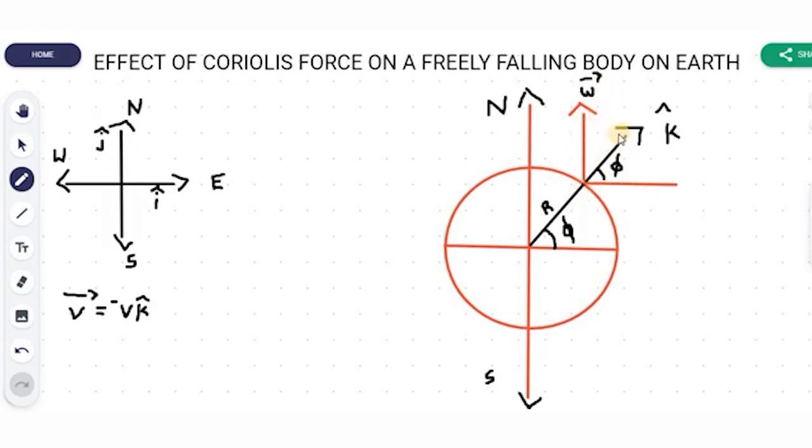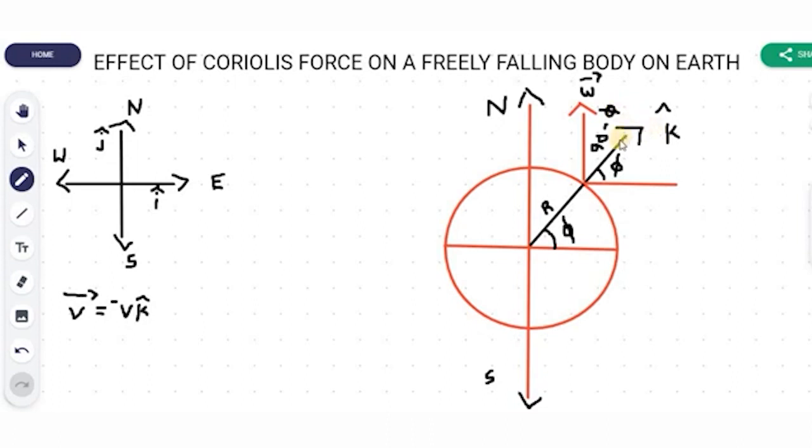Yes, that's right, it will be 90 minus phi. I have notated it as 90 minus phi, right?